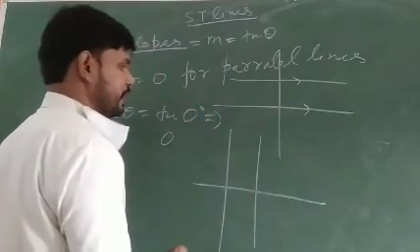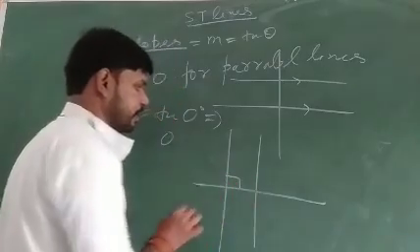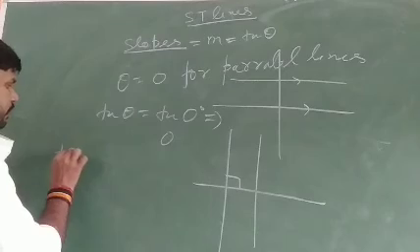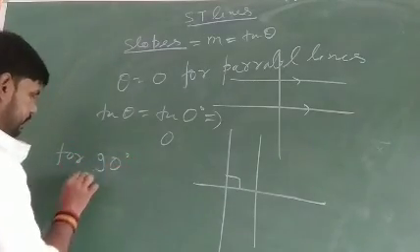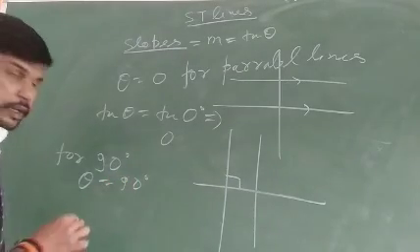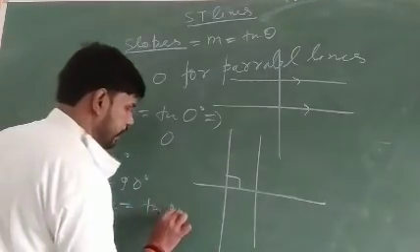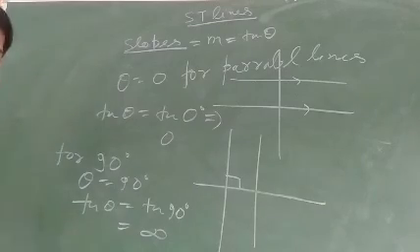And suppose you have a line like this, perpendicular to x-axis, meaning it makes an angle of 90 degrees with the x-axis. In this case, for perpendicular, theta equals 90 degrees, which implies tan theta equals tan 90 degrees, and tan 90 degrees stands for infinite or not defined.